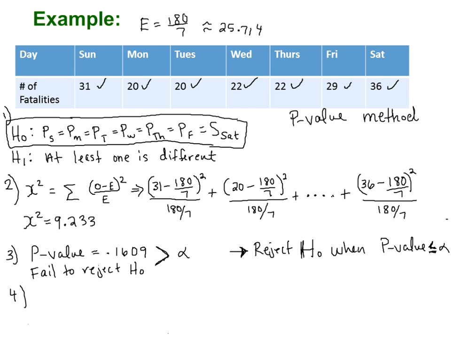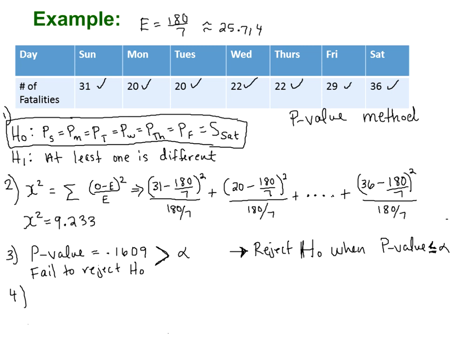So for this, you have to be aware that you can't just compare the values in your sample. You can clearly see that our values are different on the number of fatalities for Sunday, Monday, Tuesday, Wednesday, and so on. They're all different, except Monday and Tuesday were the same, and Wednesday and Thursday are the same. But that's not what we're talking about here.